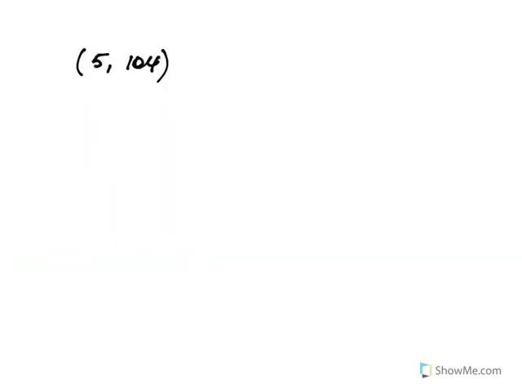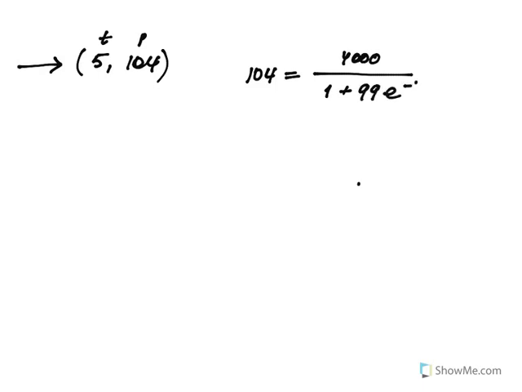That is why I put a point with the coordinates 5, 104. So when time is 5, the population is 104. Therefore, we get a new equation: 104, that's P, equals 4,000, that's your carrying capacity, over 1 plus 99, we found that b, e to the power of negative k, we have no idea what that is, and we're looking for that k value, times t, and t in this case equals 5.